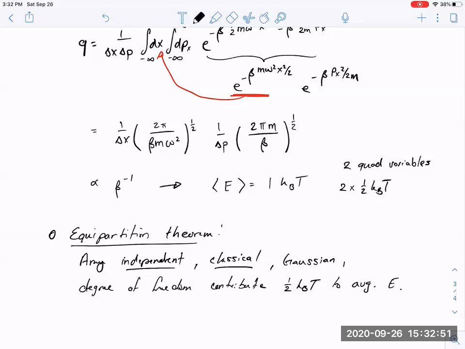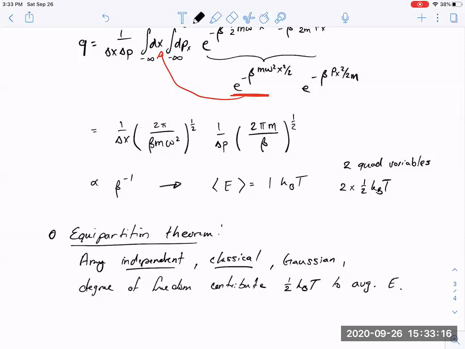So should one give you an energy function that's a set of quadratic variables that are independent, the system can be treated classically, so you could factorize that exponential. You could go through the partition function calculation, doing those Gaussian integrals, and then take the derivative of the result with respect to beta.